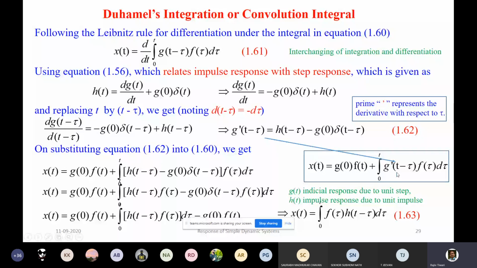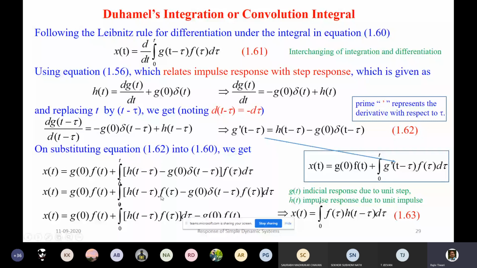So basically you can see this is the same first term. In the second term I have replaced g prime of t minus tau with this. So this is that term times f(tau) d tau. Now I am rearranging this. I am expanding this term and bringing f(tau) inside.